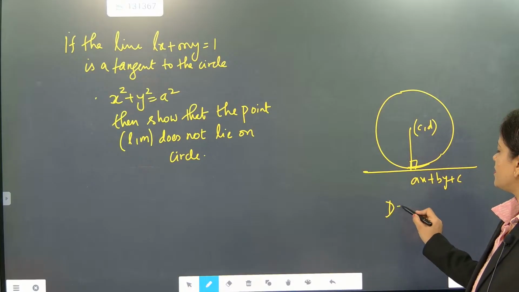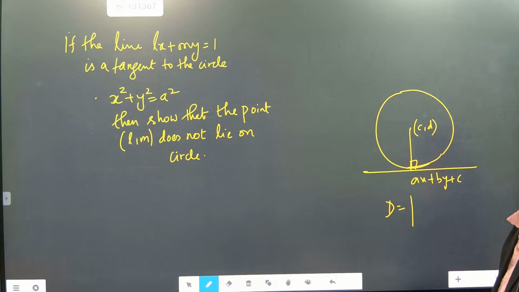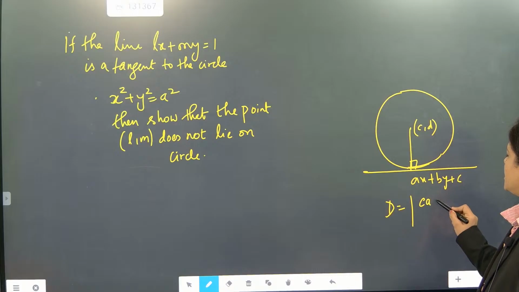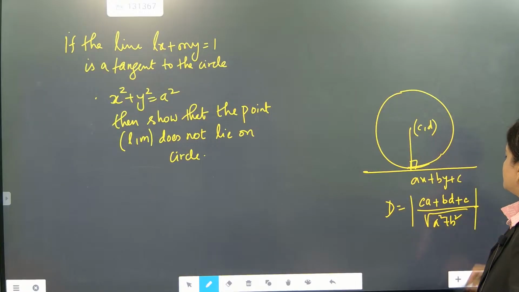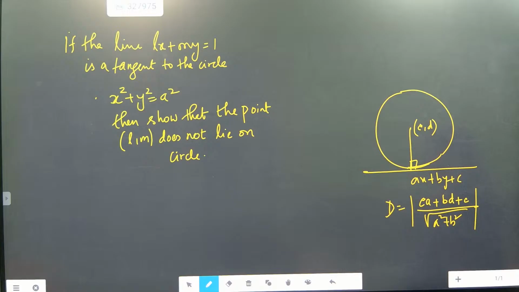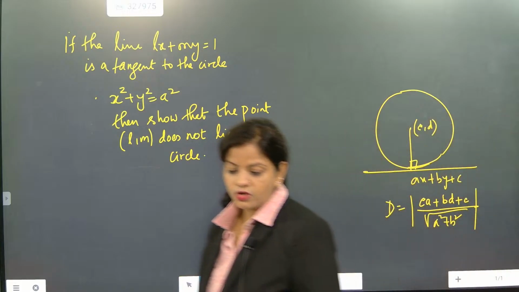Then the distance will be: substitute the point's values instead of x and y, it becomes the absolute value of (Ca plus Bd plus C) by root under A square plus B square. This is the distance formula. Let's check whether it is going to be the radius or not.